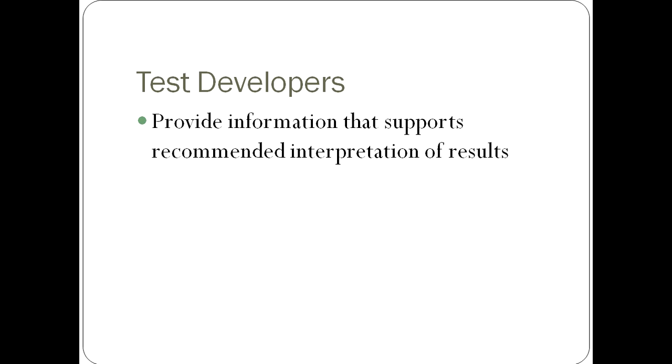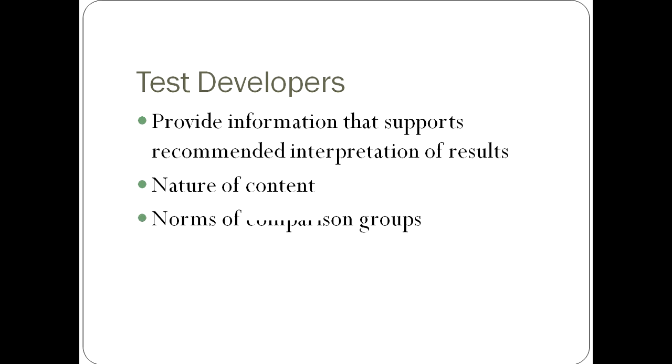Test developers need to provide information that supports recommended interpretation of results. And this includes the nature of the content, just to ensure that what is in the test is what people are trying to test for. Also, they need to provide the information on the norms of comparison groups. You know, who was tested? Was it male and female?